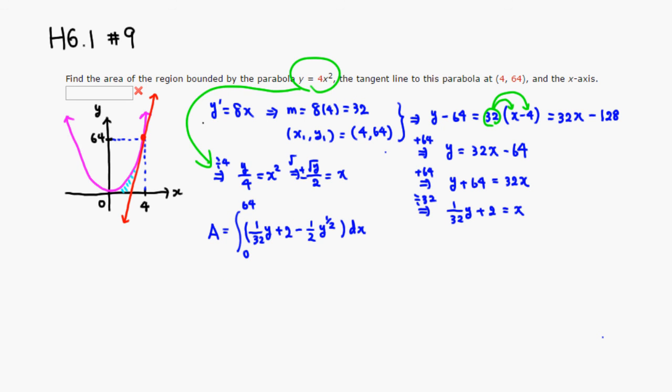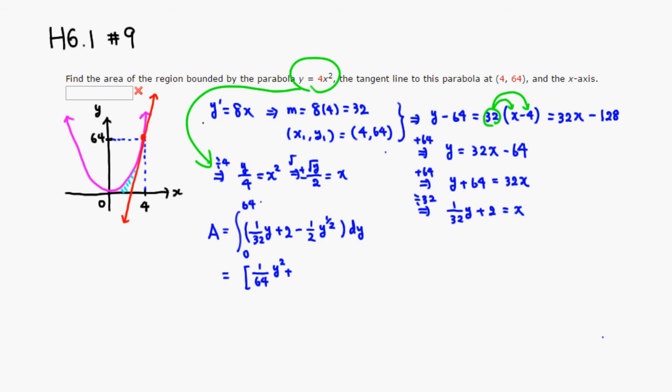Alright, so we have the antiderivative. I'll add 1 to the power and divide by 2, so 1 over 64 y squared, plus 2. Oh, actually, I wrote a wrong thing. This is with respect to y.